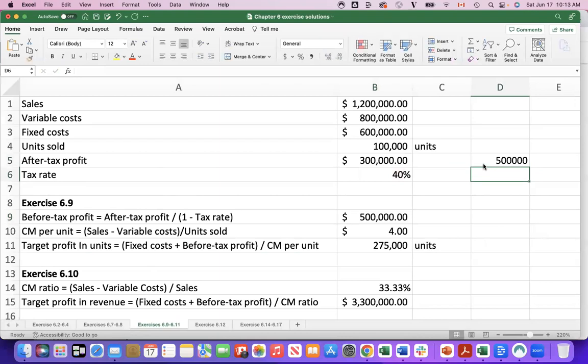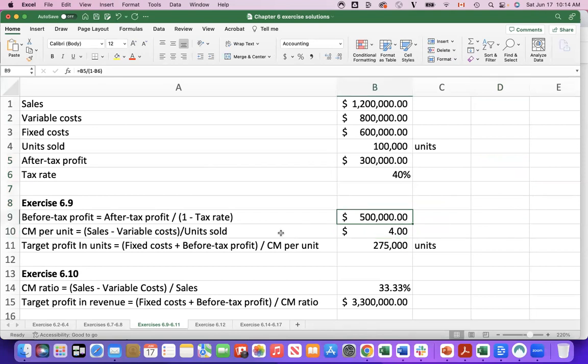If before tax profit was 500,000 and the tax rate is 40%, if we multiply the two, our taxes are 200,000, meaning what is left over after taxes is that after tax profit of 300,000. So that reconciles there. Our before tax profit is 500,000.